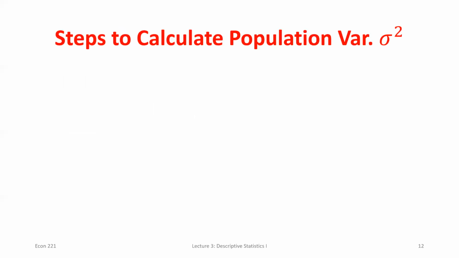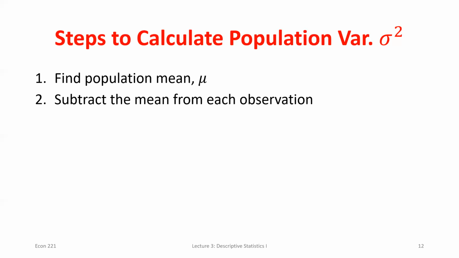That's pretty easy. I want to think about breaking the steps down to make it a little easier. The first thing I need is the mean, and you can find the sample mean if we had sample data.